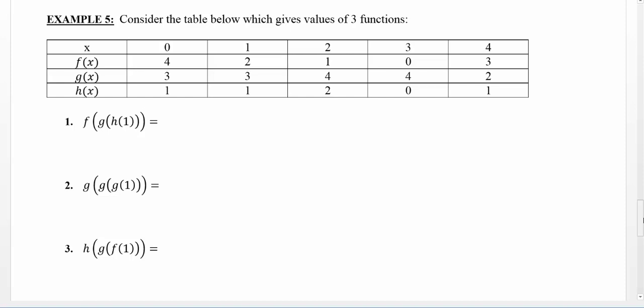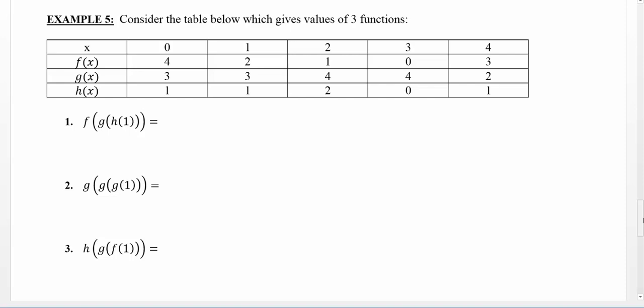Underneath that, we have the dependent values for g of x based on the independent values of x. And then below that, we have the dependent values for h of x, again, based on the independent values of x. So in evaluating any of these things, we're going to be referring to the independent value of x and then finding the correct function to plug it into to find the corresponding dependent value.